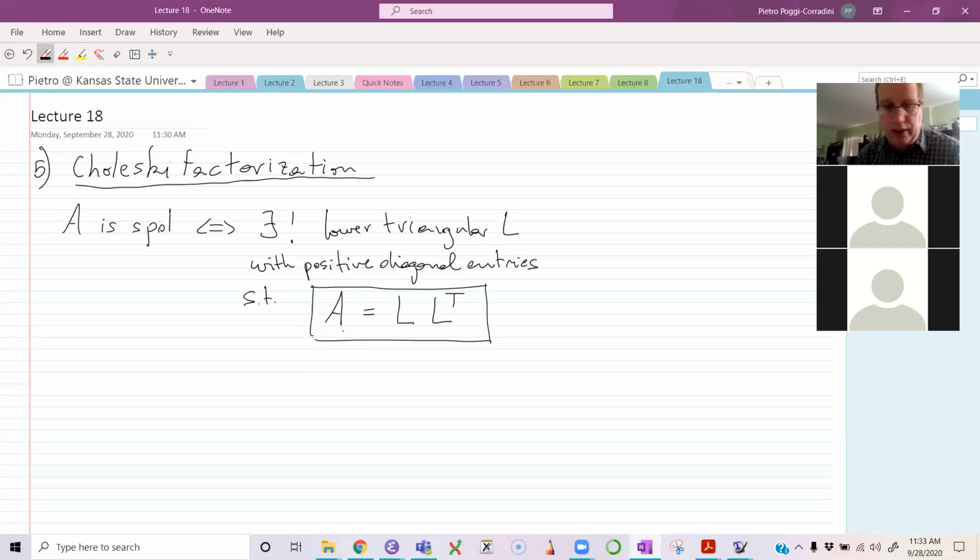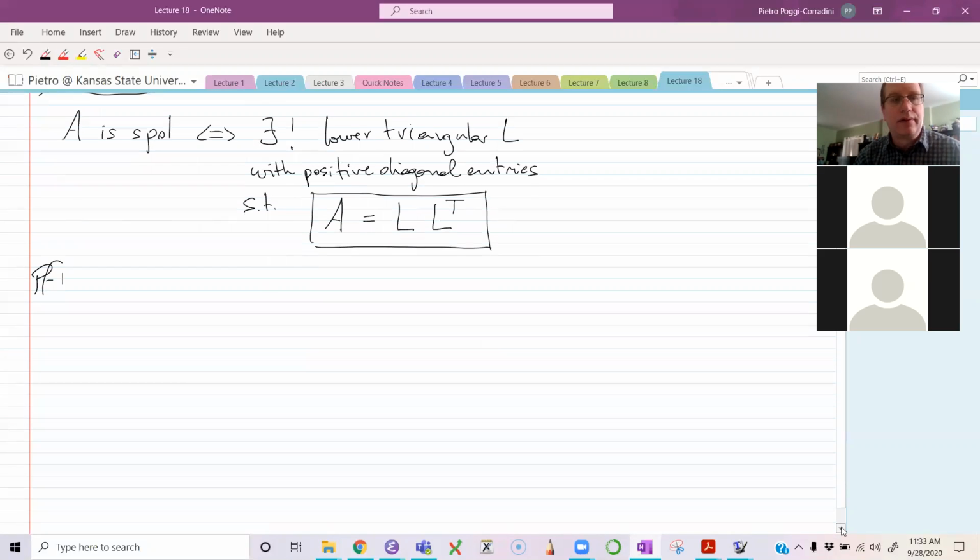Let me do the easy direction first. The easy direction would be this direction.